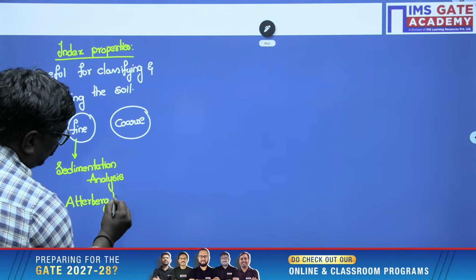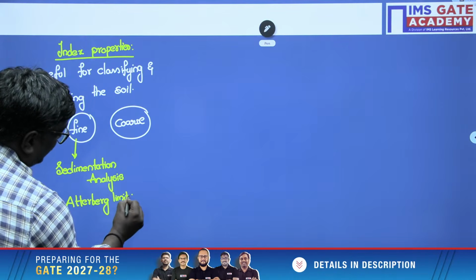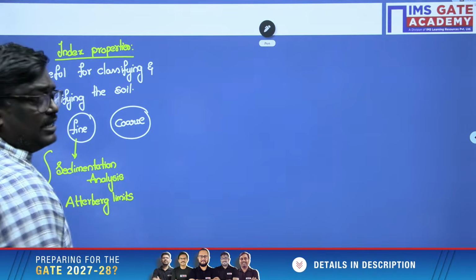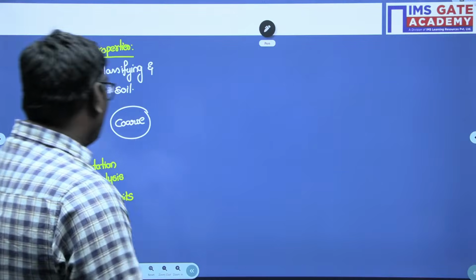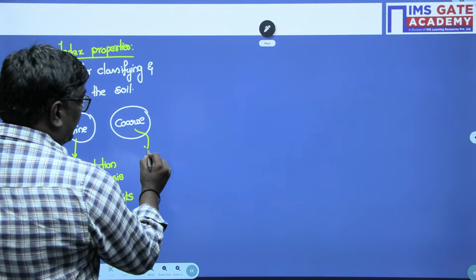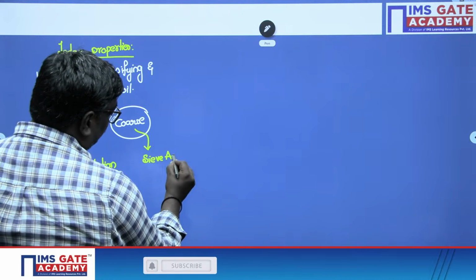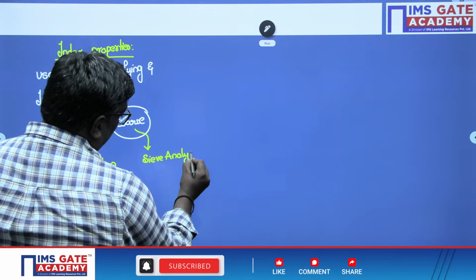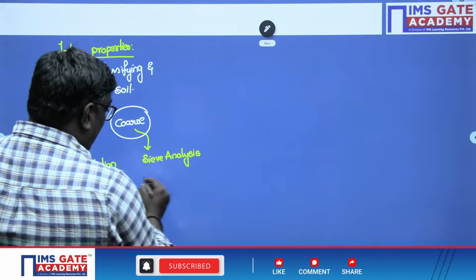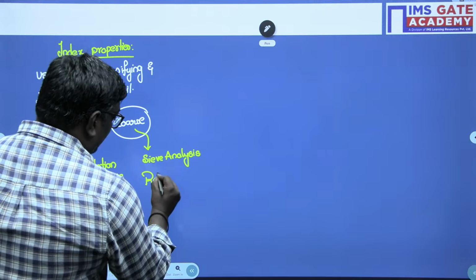Usually these are the two methods which help you classify the fine grained soils. Similarly, to classify the coarse grained, one is the sieve analysis and the other is the relative density.